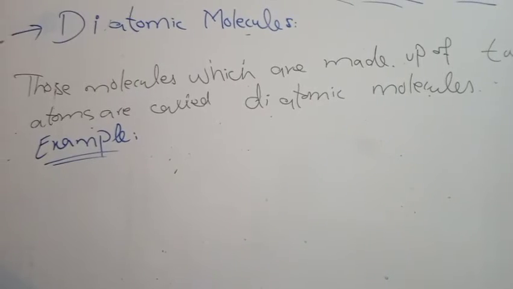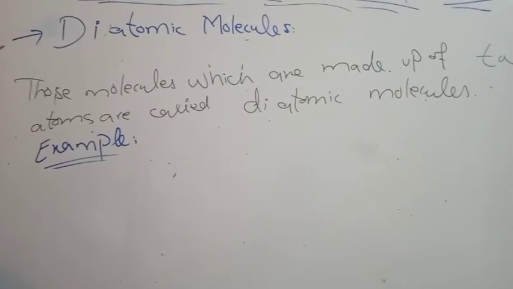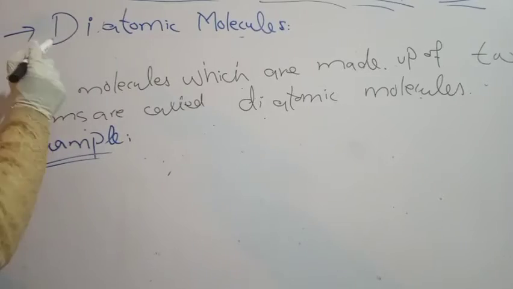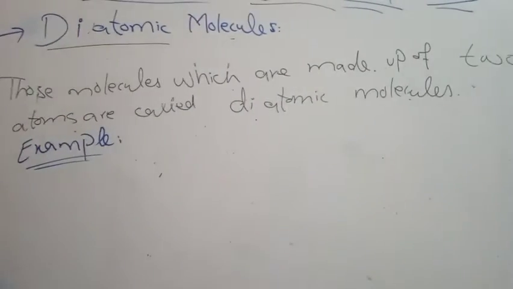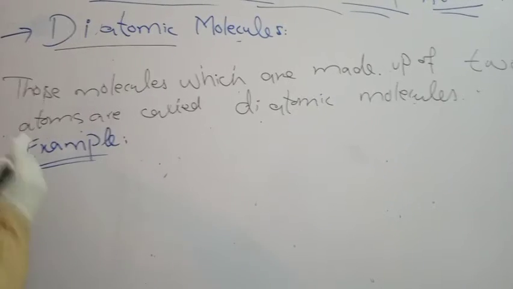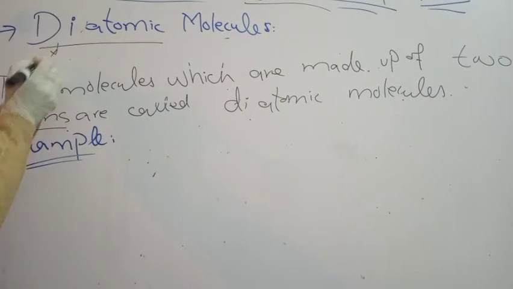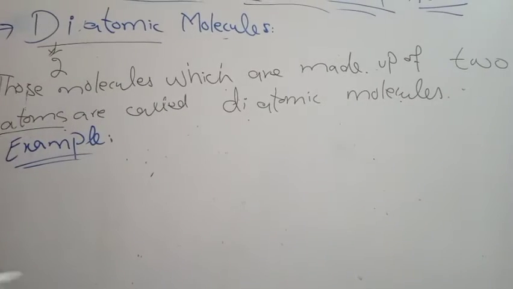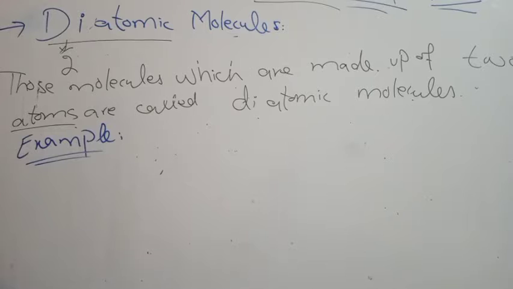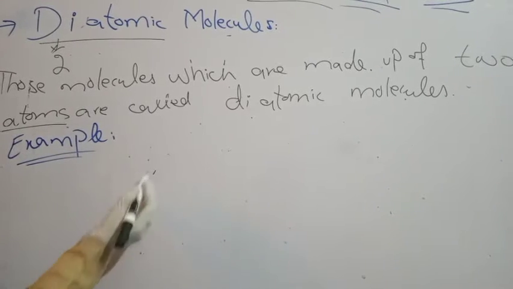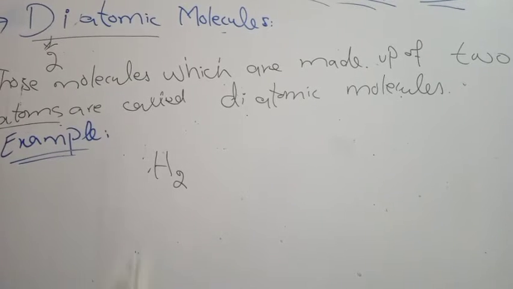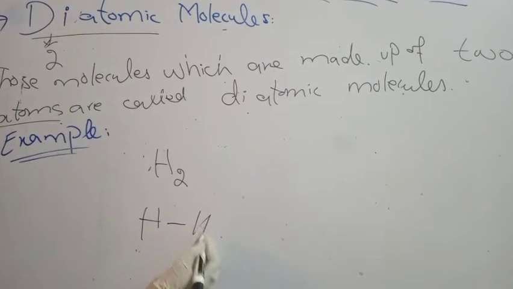Now the second type of molecules on the basis of number of atoms is diatomic molecules. Di means two. So those molecules which are made up of two atoms are called diatomic molecules. For example, the hydrogen molecule is made up of two atoms, one hydrogen and a second hydrogen.